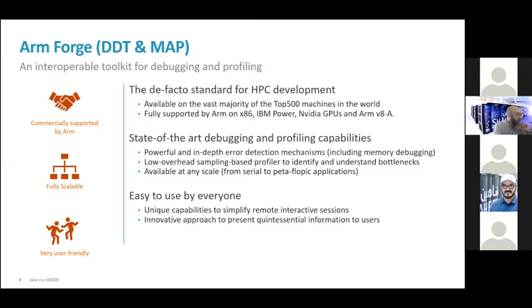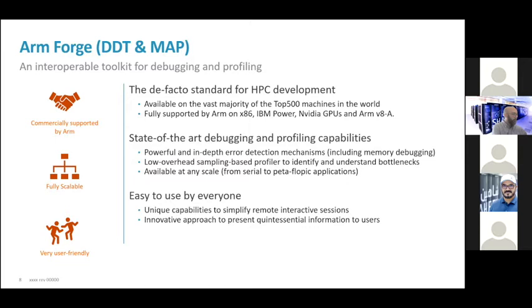Because Forge is available on such a vast variety, or the majority, of the top 500 machines, it has to have this functionality to cater to all the libraries and hybrid software solutions.